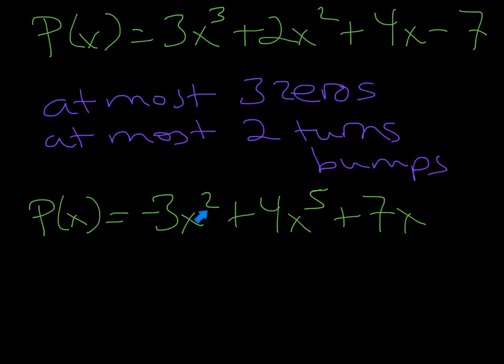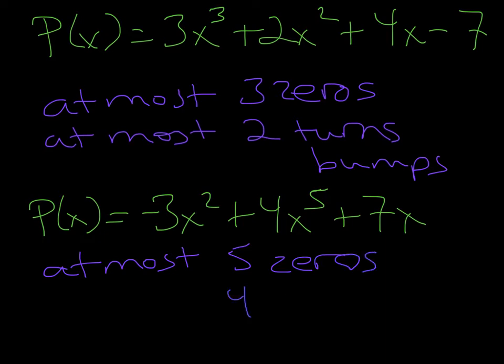So make sure you look at all the exponents. We have a 2, a 5, and a 1. So the biggest number is 5. So this would have at most 5 zeros, and at most 4 turning points, or 4 turns.